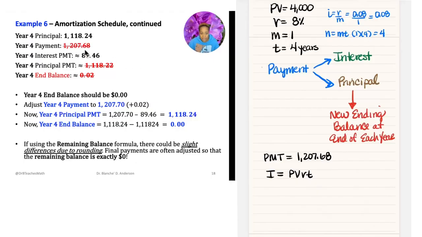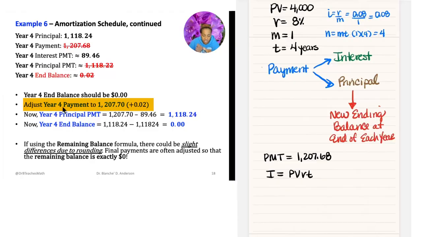So here's what happened. We're going to make this payment. Of this payment, $89.46 is going to go to the financial institution. It left me with the principal payment that went to the principal of $1,118.22. I was short 2 cents, right? So they're like, okay, let's adjust this payment so that nobody owes anything and we can close out the loan.